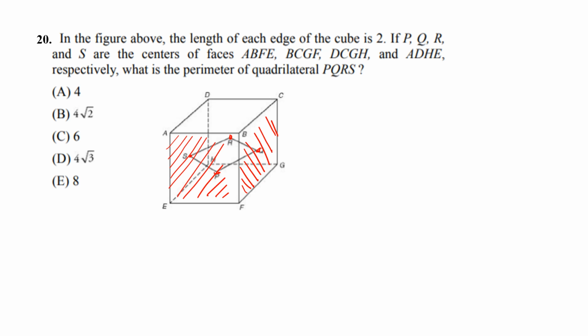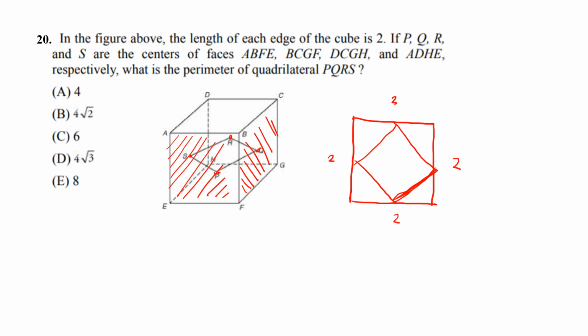Okay, let's take a look at the bird's eye view of this cube. So it's going to look something like this, right? Where each side is of length 2. And it's telling us to find the perimeter of that inside square. In this case, it makes a square.